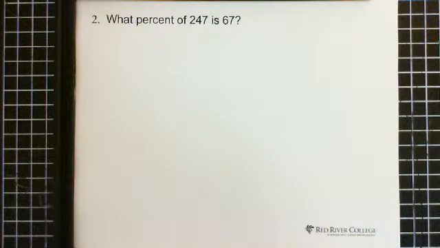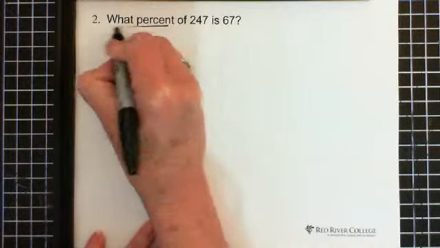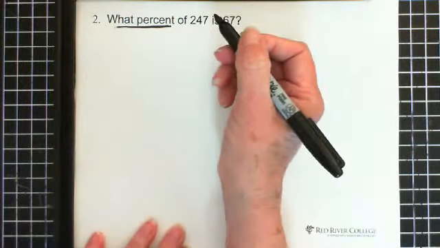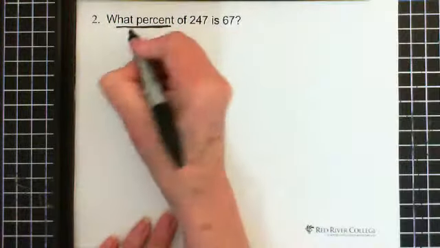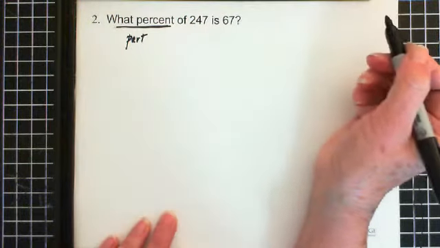What percent of 247 is 67? So again, you have to think about what's the part and what's the whole here. When they're asking for what percent, they're not asking for the 100%. So this thing has got to be the part, all right?